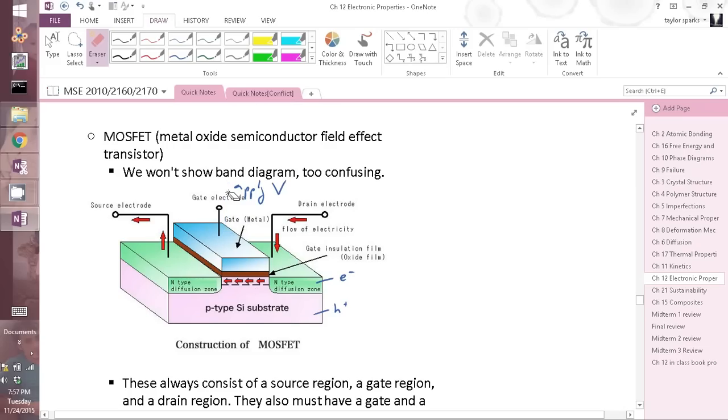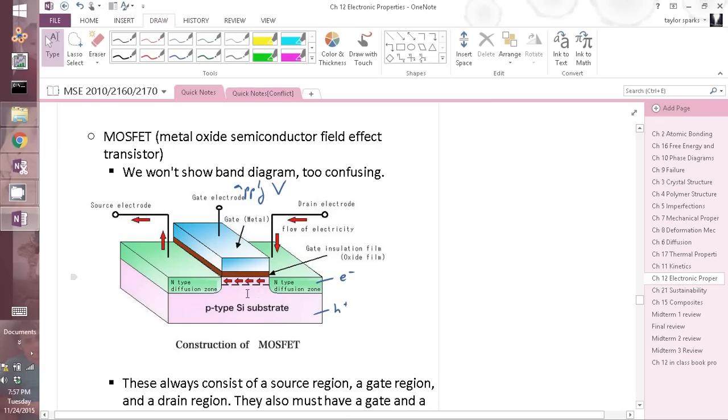But what can we do to this? Well, we can apply a voltage to this gate material, which has a metal, shown in blue here, and then it has this brown layer. That's the insulator. So going back to our name, metal oxide semiconductor field effect transistor: here's our metal in blue, our oxide in brown, that'll be the insulator, and then down here we have our semiconductor.